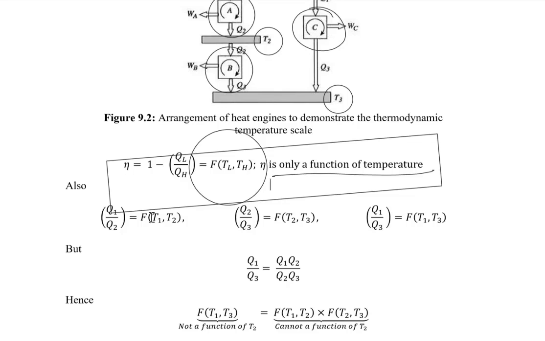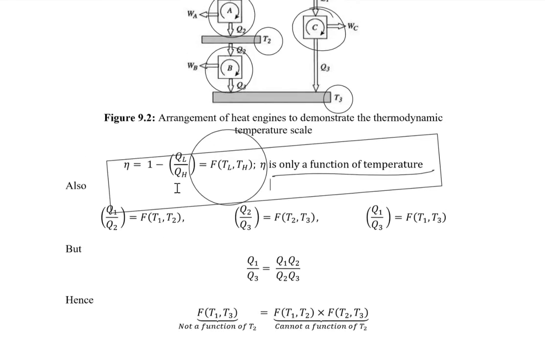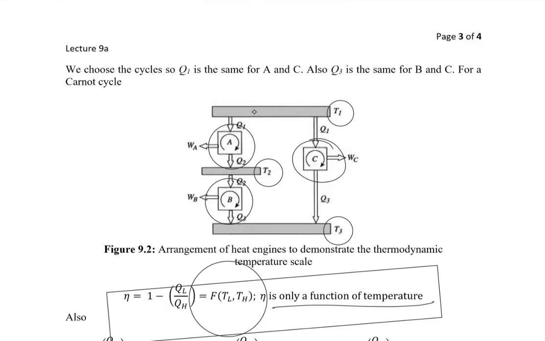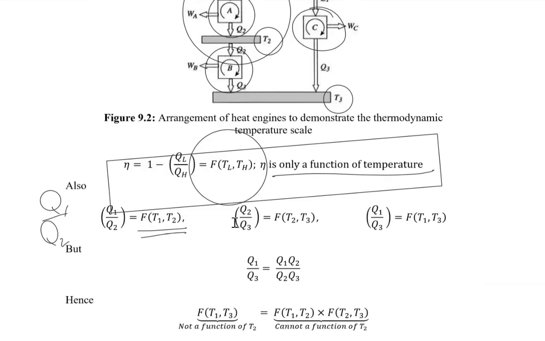If I consider heat engine A working between T1 and T2, then Q1 divided by Q2 would be a function of T1 and T2. Heat engine B, working between T2 and T3, would be a function of T2 and T3, and that would equal Q2 by Q3. And then Q1 by Q3 for the heat engine working between T1 and T3.